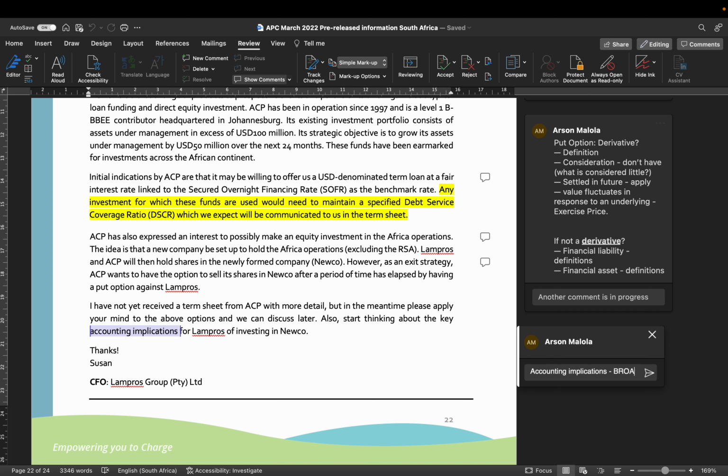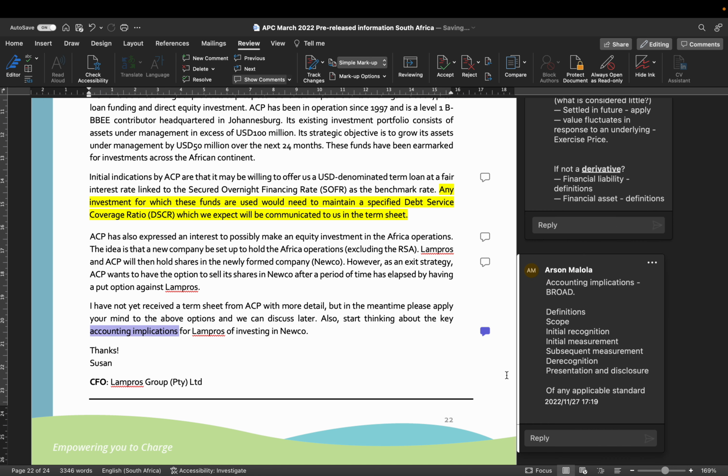Okay, remember to always consider definitions, the scope, initial recognition, initial measurement, subsequent measurement, derecognition, presentation and disclosure of any applicable standard.